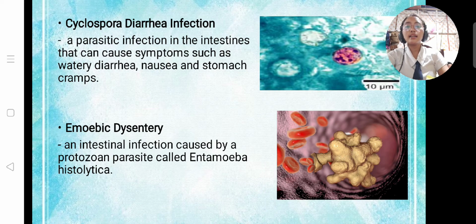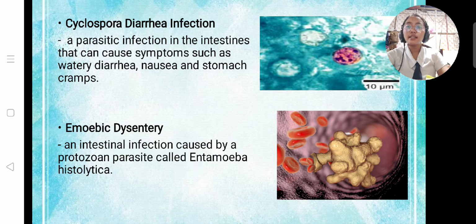Next is Cyclospora diarrhea infection. It is a parasitic infection in the intestine that can cause symptoms such as watery diarrhea, nausea, and stomach cramps. It is caused by consuming food or water that is contaminated with the parasite Cyclospora cayetanensis.